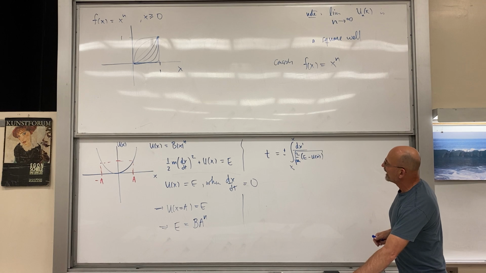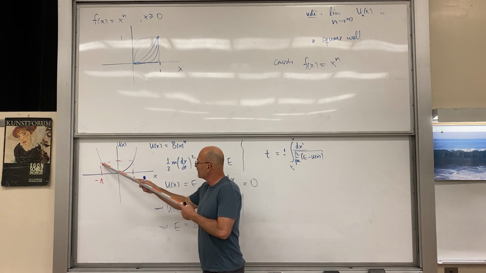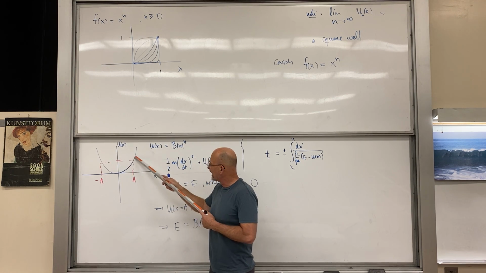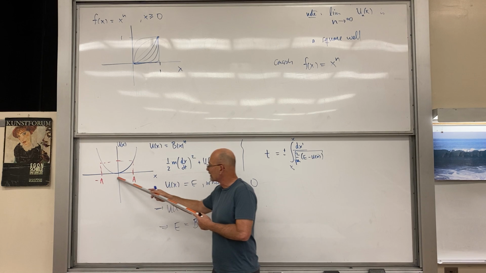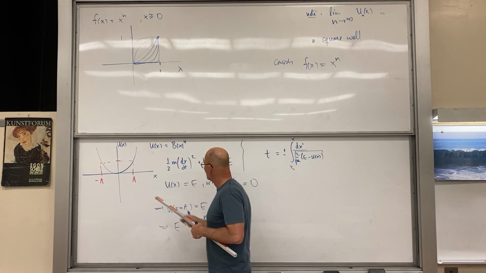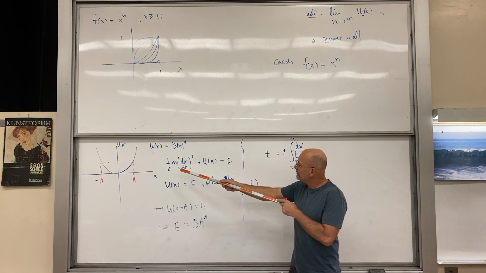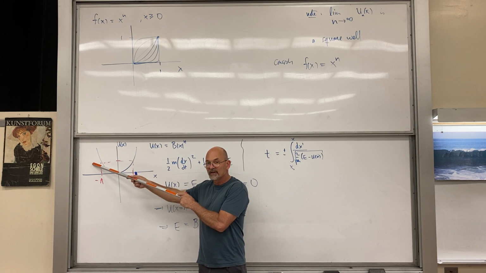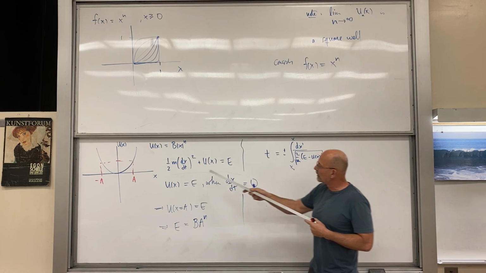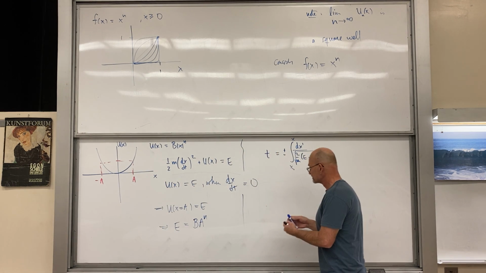And what we're going to ask about is the time it takes to start at A, go to negative A, and return. Imagine this is a potential well, and we have this V being equal to 0 at the endpoints. So this is really the T of x for a motion between negative A and A.